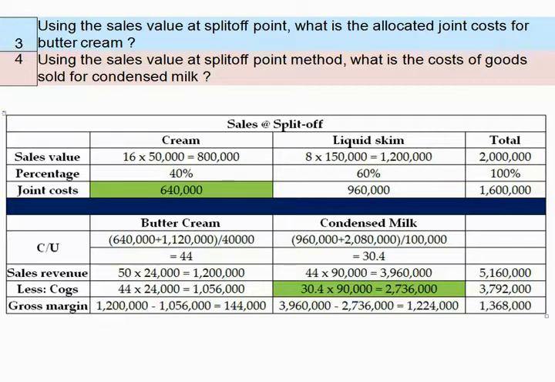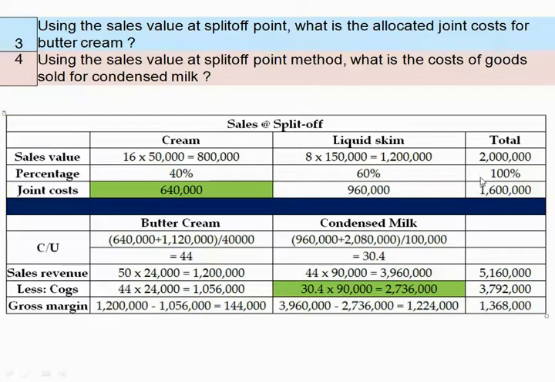Liquid skim 8 multiplied by 150,000 equals 1,200,000. Total 800,000 plus 1,200,000 equals 2 million. Percentage, 100% for the 2 million, so 800,000 divided by 2 million equals 40%. 1,200,000 divided by 2 million equals 60%.